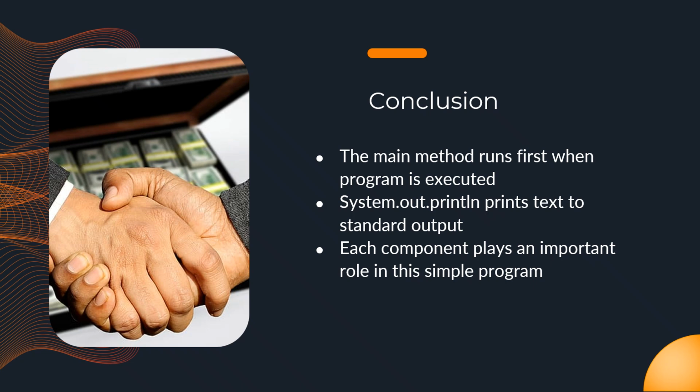If you don't understand some things, these belong to the advanced Java course, and we will cover all these topics in our Java advanced course. We have used System.out.println to print the text, and we have printed the hello world text on our output window.